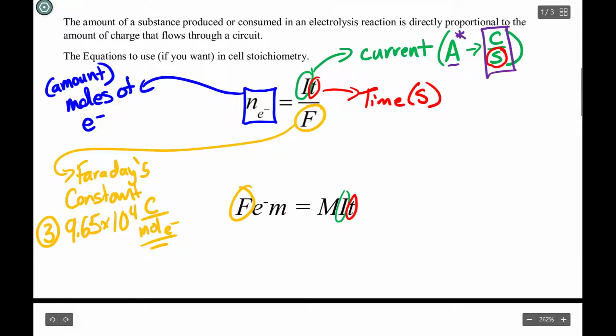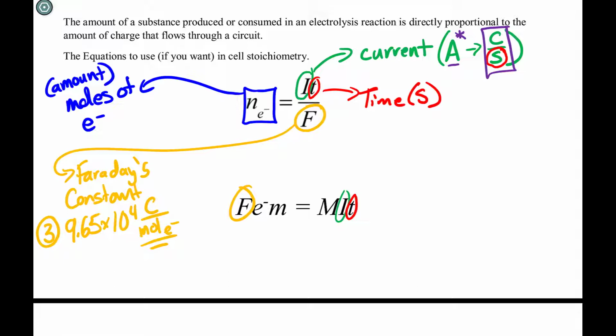And the reason why I have it written out like this is it makes the algebra really easy. Whenever I want to solve for any one of these variables, all I have to do is divide two of the variables to the other side. I'm always just doing one mathematical variation in order to get an answer. And you'll see that when we go do some questions.